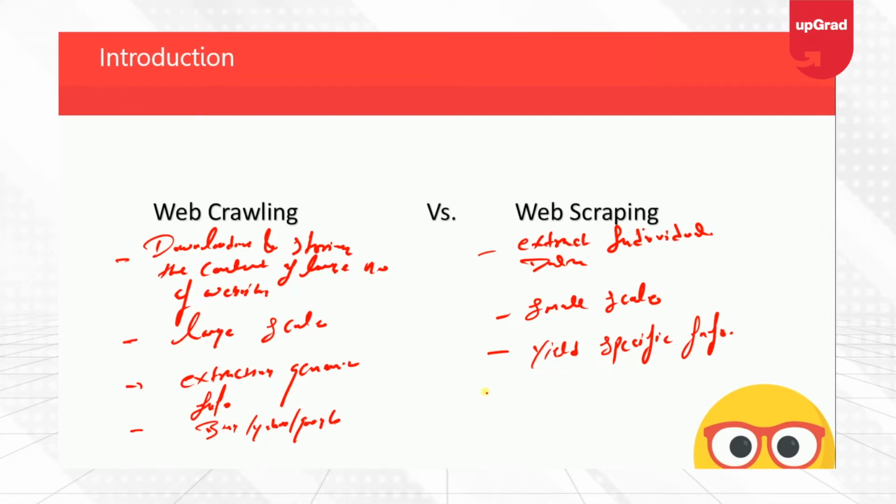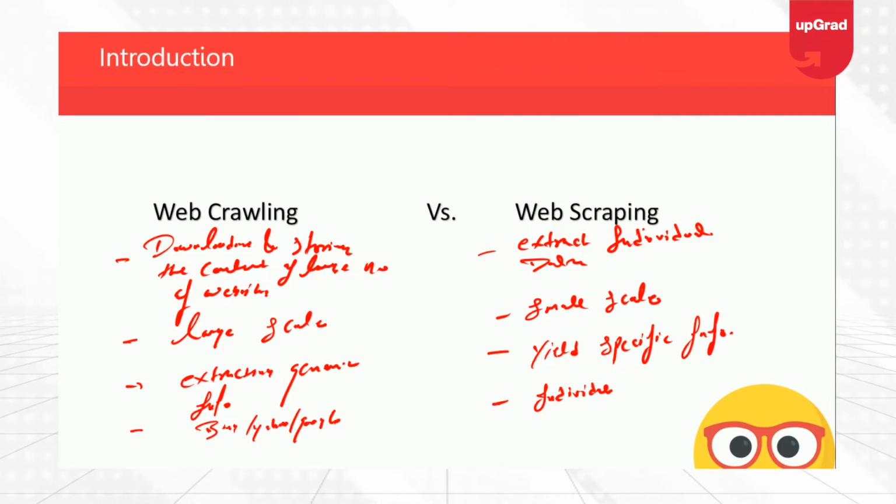Now here, the information that is extracted using web scraping can be used to replicate in some other websites, or it can be used to perform some data analysis. So this is done at an individual scale, and it has its particular purposes such as data analysis.